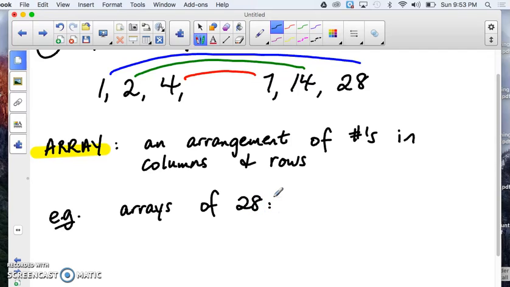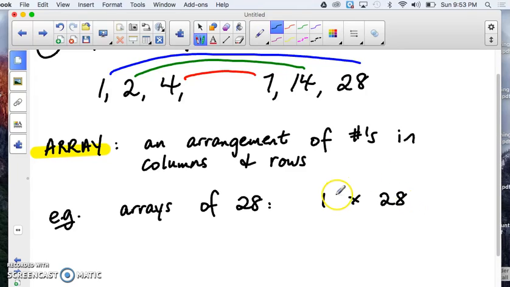The definition of arrays will make more sense when I tell you that one of the arrays of 28 would be 1 and 28. So this is an example of an arrangement of 28 in a 1 by 28. It would just be one row of 28.